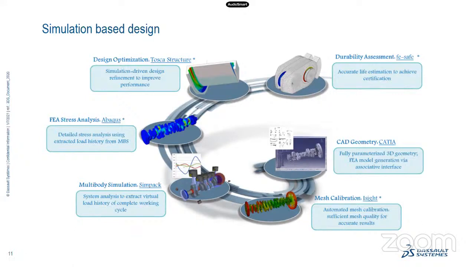If it is within our design interest, that design has passed. Otherwise, we'll do the same thing again with different parameters. So this is how all the tools are linked, and the basic goal is simulation-based design. This slide is about that.